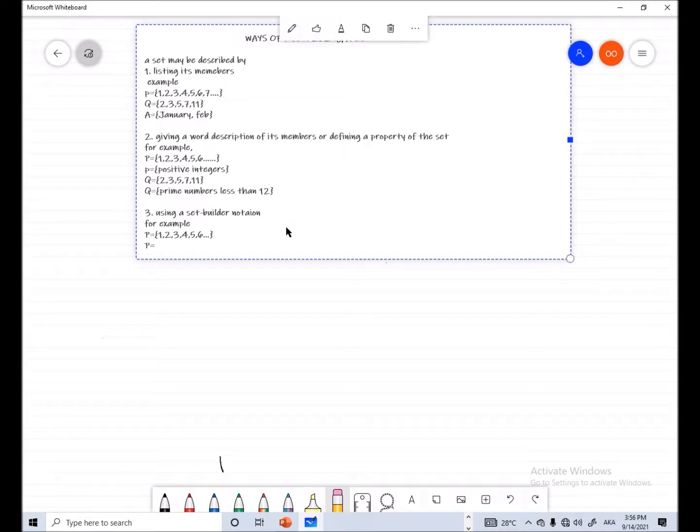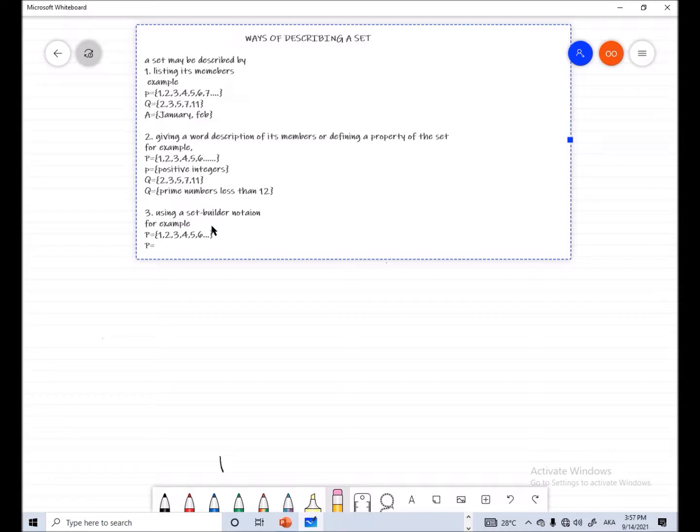We could use positive integers, but here we want the range. From 1, a positive integer, ranging up to 6.